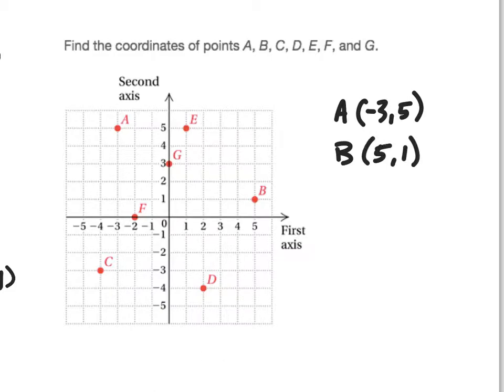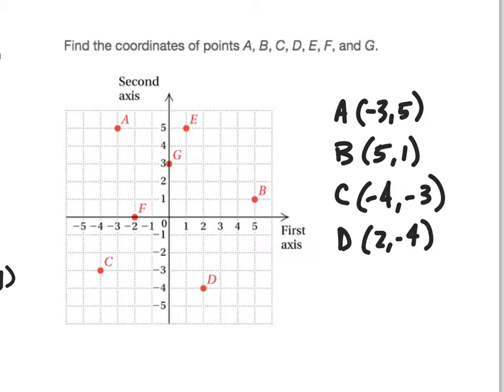For point C, we go to the left 4 and then down 3, so C is the point (-4, -3). And then D is the point (2, -4).